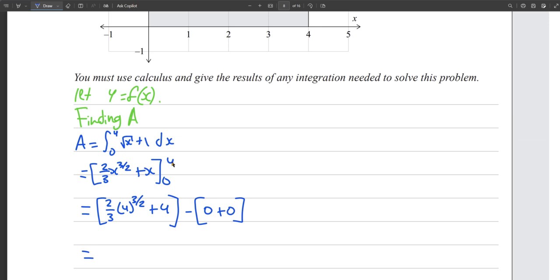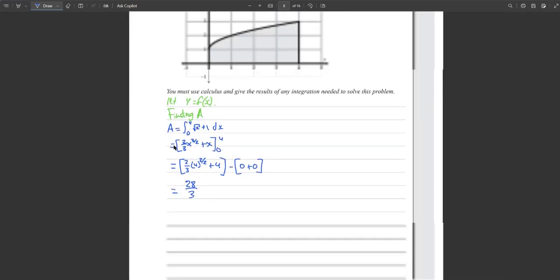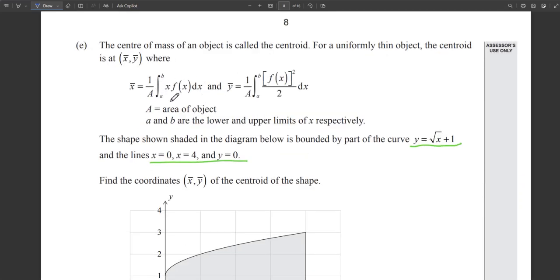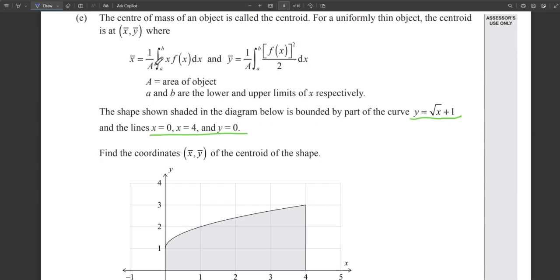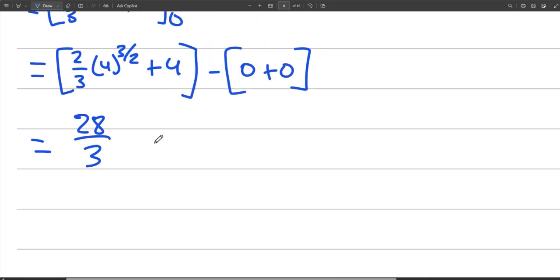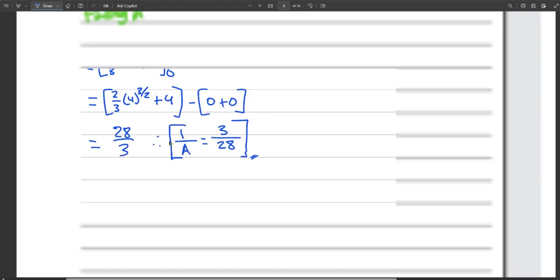gives me 28 on 3. But both of these coordinates, to find them, they have 1 over a involved, so we can just write a statement, therefore 1 over a is equal to 3 on 28, and so we should box that.